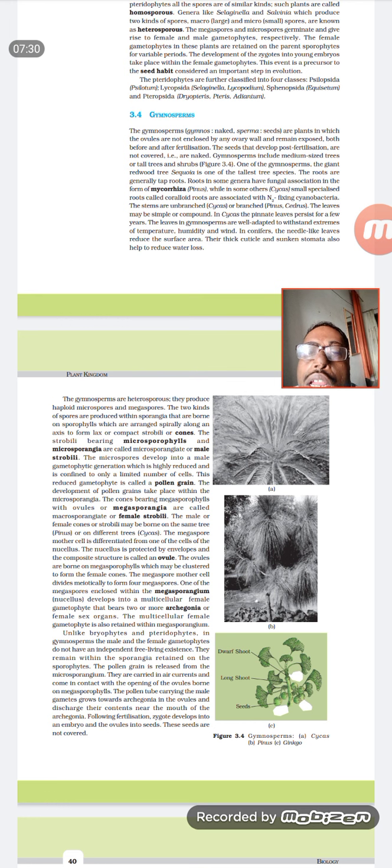So these seeds are protected with different layers. The ovules are protected with the nucellus, so that they can remain in the environment for a longer period of time. Gymnosperms have one more advantage: they live in dry areas.